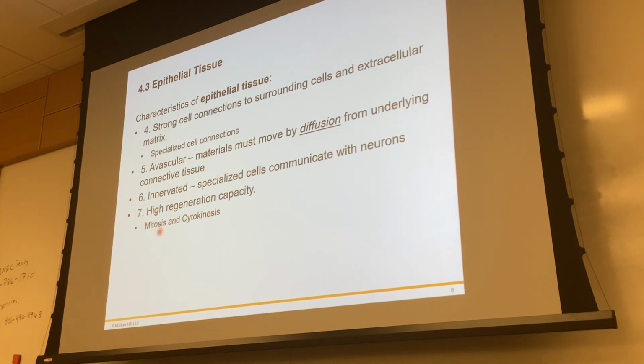So epithelial tissue has strong intercellular connections, connections between cells. These are specialized cell connections, and depending on where the cells are in the body, you can say there's going to be one type of connection or another because you want this function or that. And that leads me to the function itself.